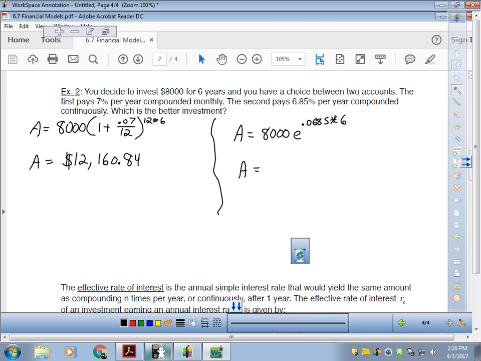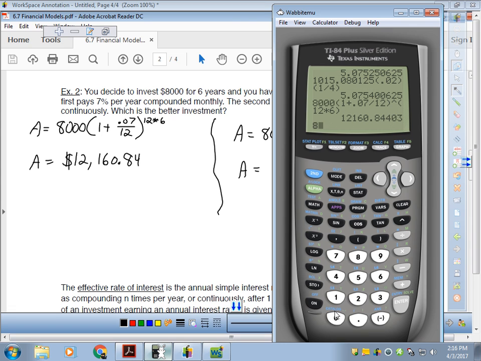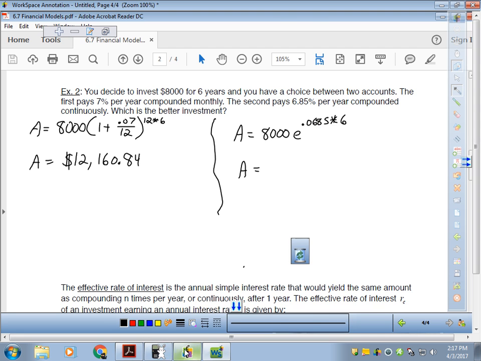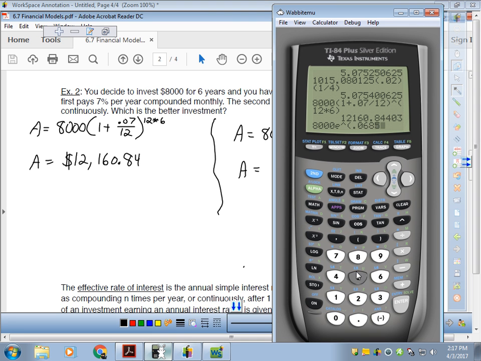And then we go to our calculator. So we have 8,000. We're going to do second ln to put an e in there. And then inside that power, we will have 0.0685, and we're multiplying that by 6 years. And so there we go. We get $12,066.